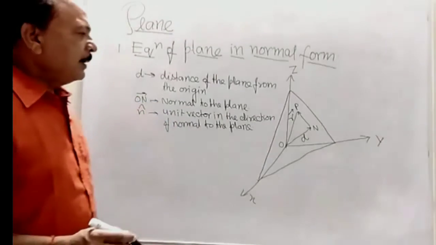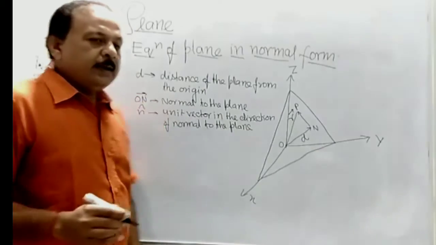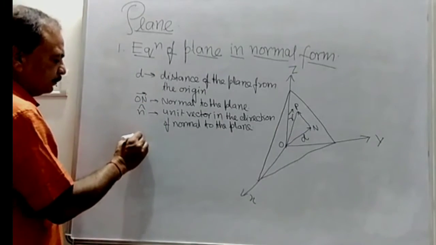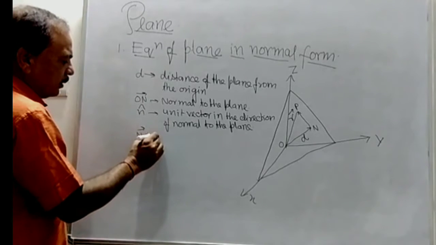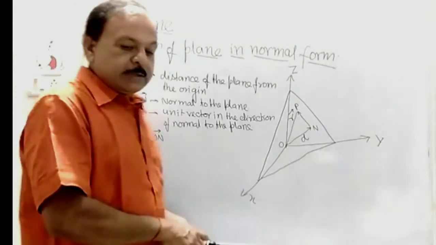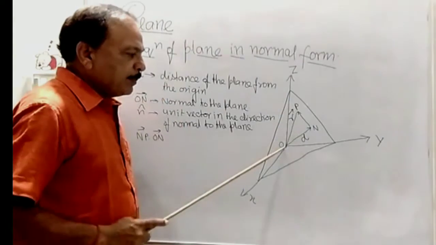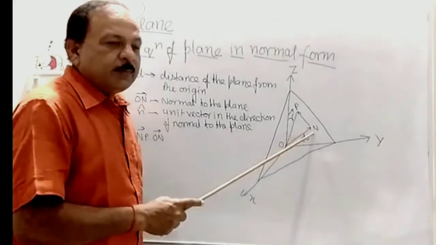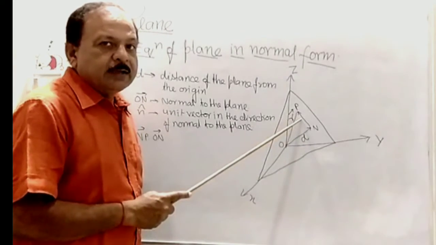Then here is NP dot ON. NP is perpendicular to ON. ON is the normal to the plane, and NP lies on the plane.